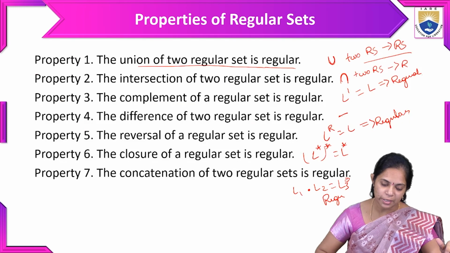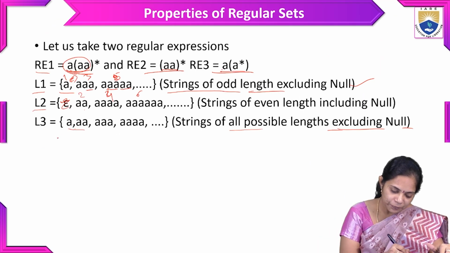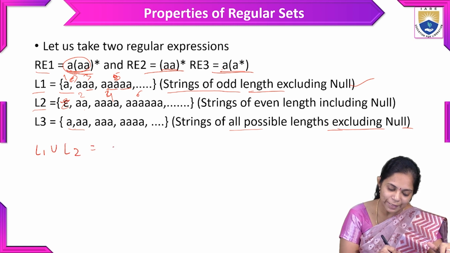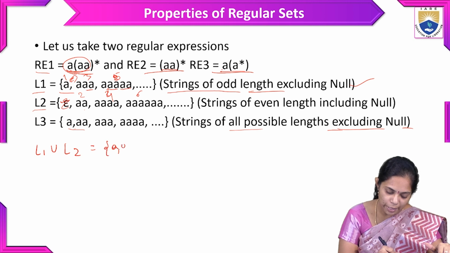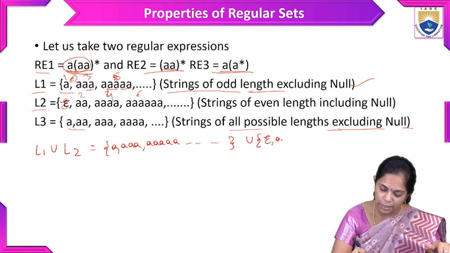The first property is the union of two regular sets. So here we will take L1 union L2. So what are the combinations of L1 and L2? AA and 5 times AA and so on. And union, L2 is nothing but epsilon, AA, 4 times AA and so on.